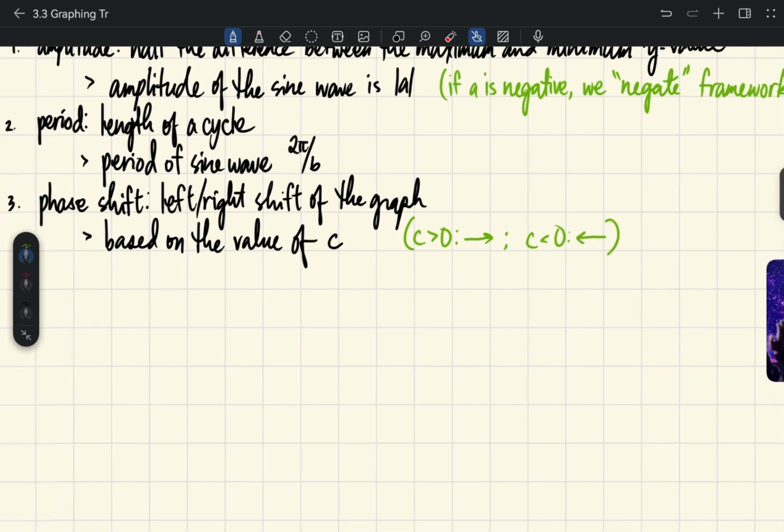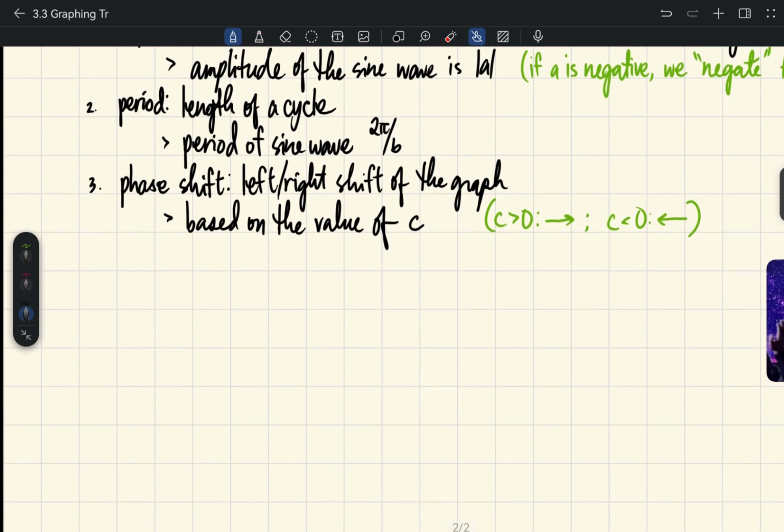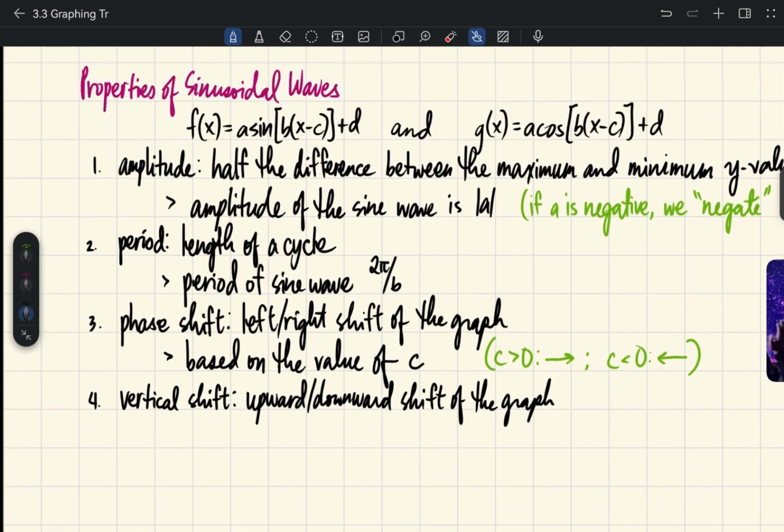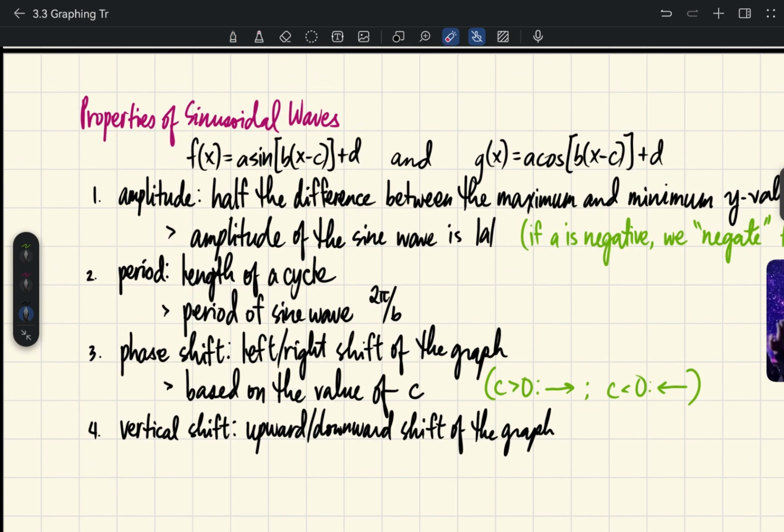And lastly, you have the vertical shift. Vertical shift is the upward or downward shift of the graph. And as you can see here, what's affecting the y value of your graph is this d right here.